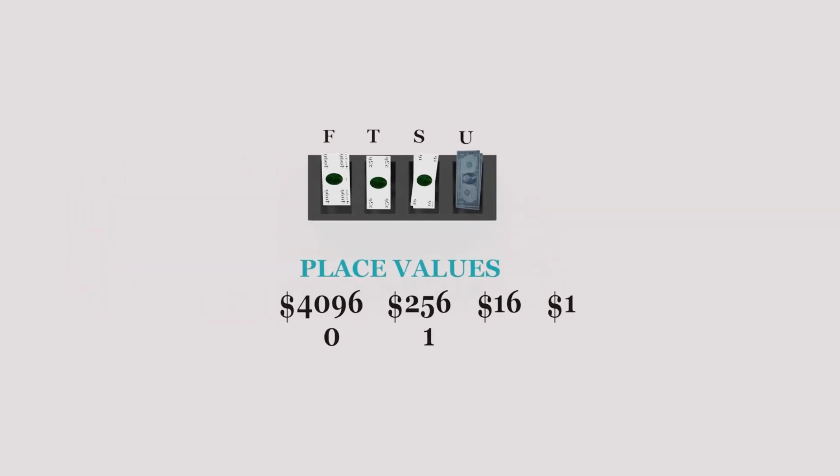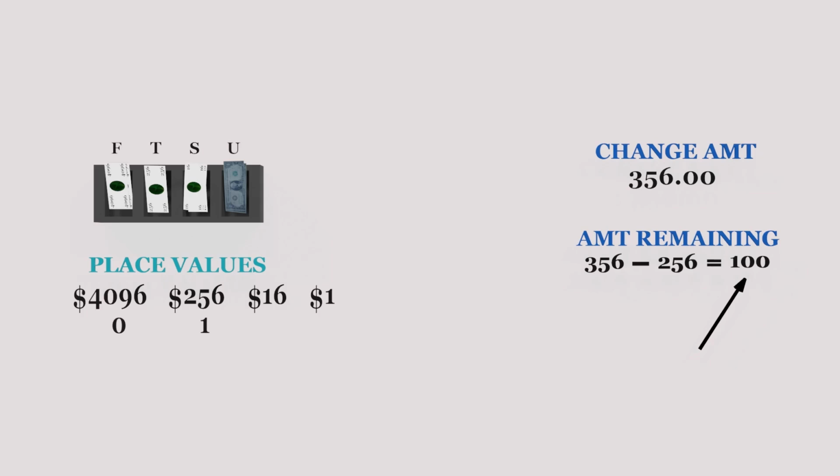Having given out $256, how much is left to give out in change? To find out, we'll subtract the $256 we just gave out from the amount we started out with, which is $356. Subtracting 256 from 356, we have 100. So the amount of change remaining to give out is $100.